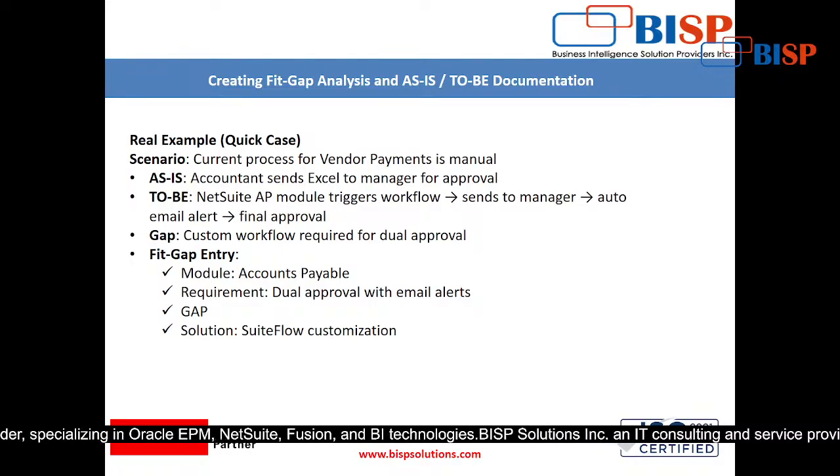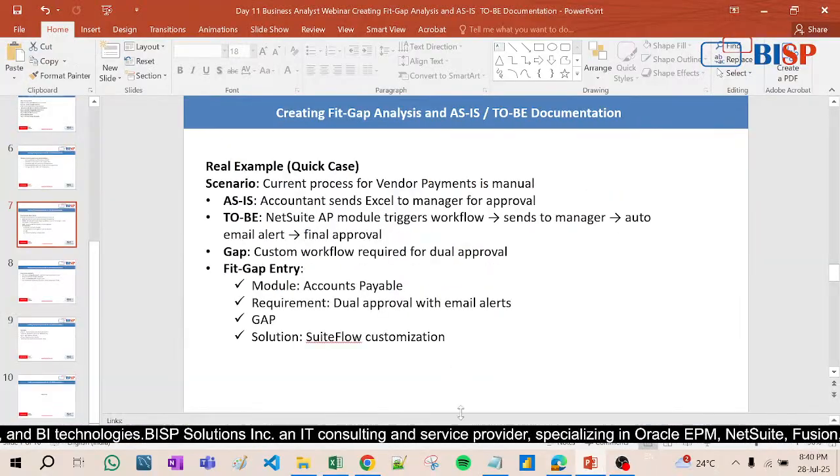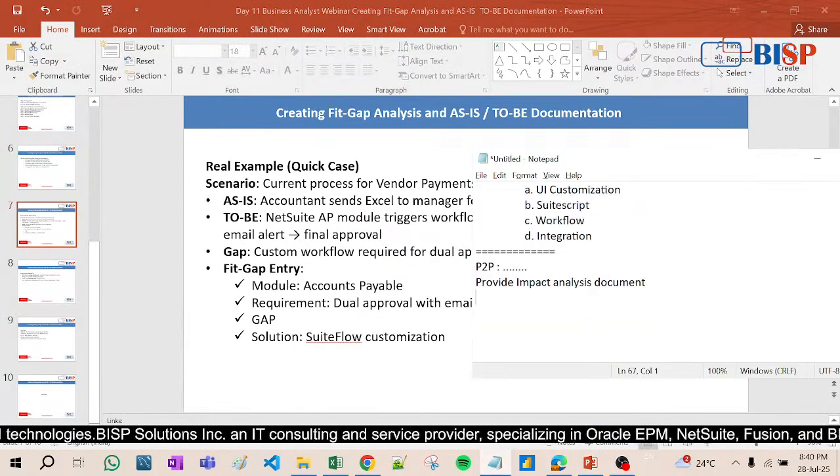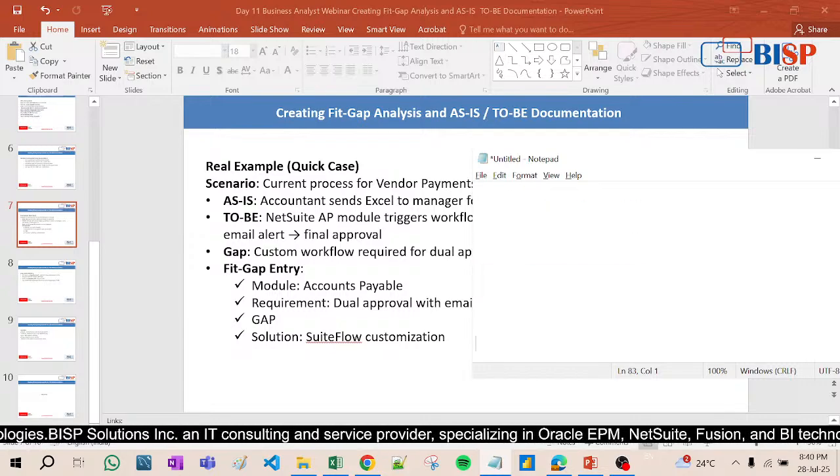Now first of all let's focus on as is and to be. I'm giving you one real-time example. What happens in one of my projects is that n number of purchase orders are created.